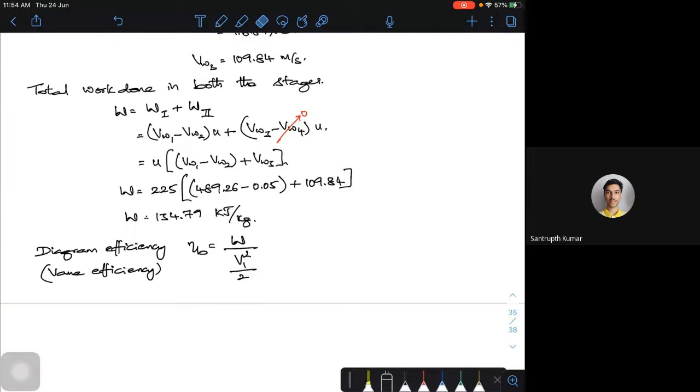So what is your W? Just now we have found it is 134.79 into 10 to the power of 3, divided by V1 squared. What is my V1? It is 500 square. So that is my efficiency.